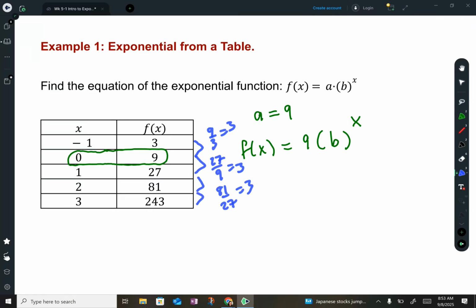And 243 over 81 is 3. So the output is tripling each time. This tells us that the b value is this constant percent change, which is 3. So our function is f of x equals 9 times 3 to the x. And we can check this with any of the values. Let's go ahead and plug in 2 just to check.